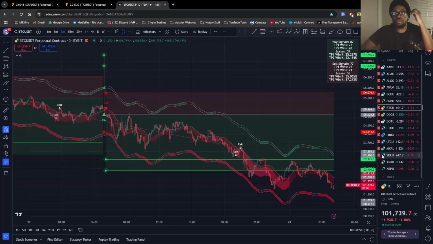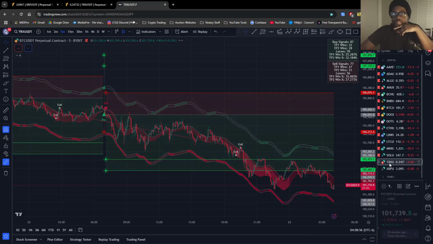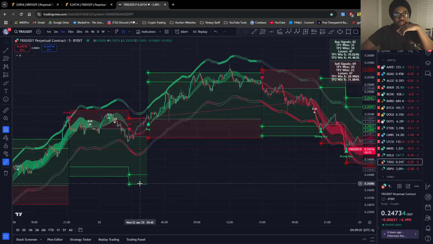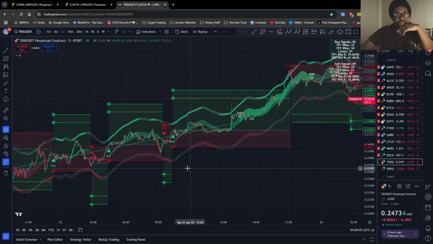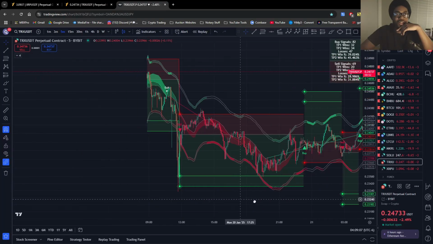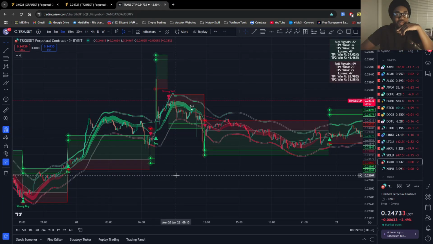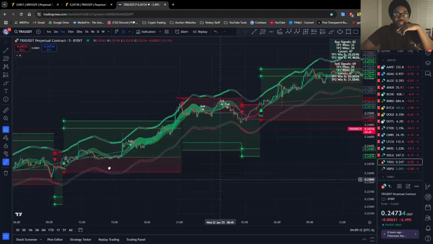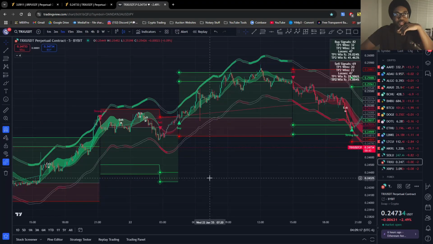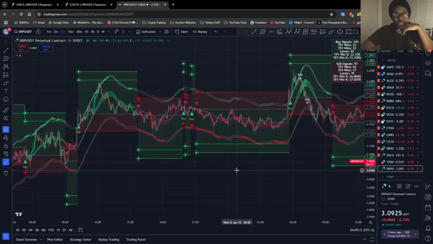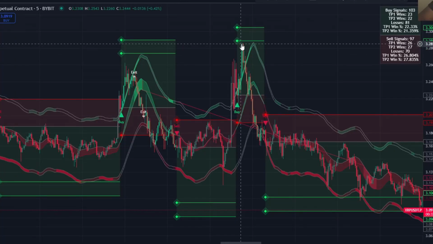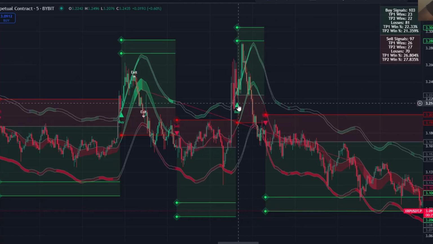There was another trade on TRX, because I was trading TRX earlier today, and where's that trade at? There was a trade that made me so mad, because I could have taken it, but for some reason I just didn't take it. Was it TRX or was it XRP? I think it was XRP. Yeah, it was XRP. I think it was this trade right here, this one earlier today.